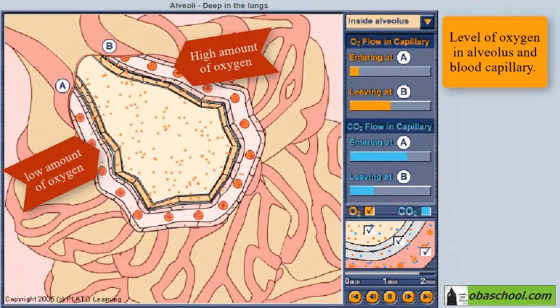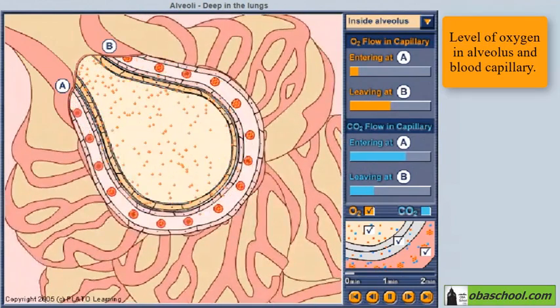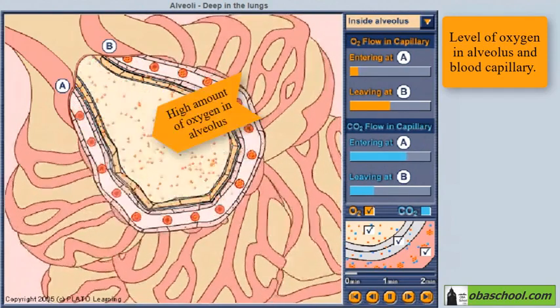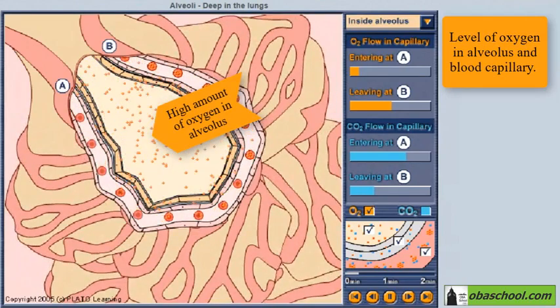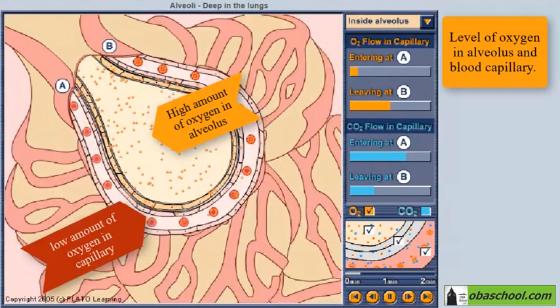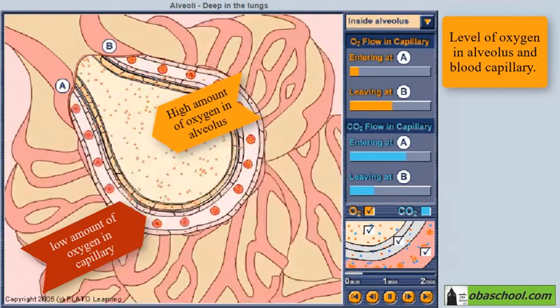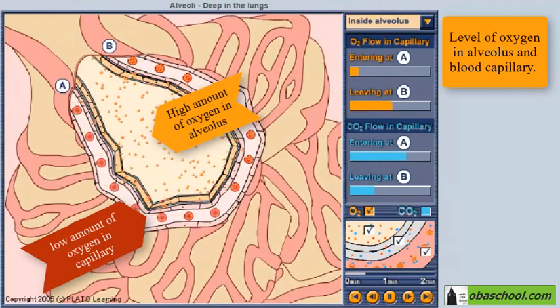So what does that mean? Here's a hint. The level of oxygen molecules entering the alveolus is much higher than the level of oxygen molecules that is present in the blood capillary at point A, which means that a concentration gradient of oxygen is created.